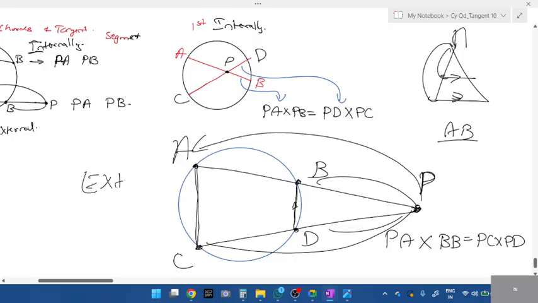Internal and second one is external. Just draw this diagram. When two chords intersect internally and two secant intersect.